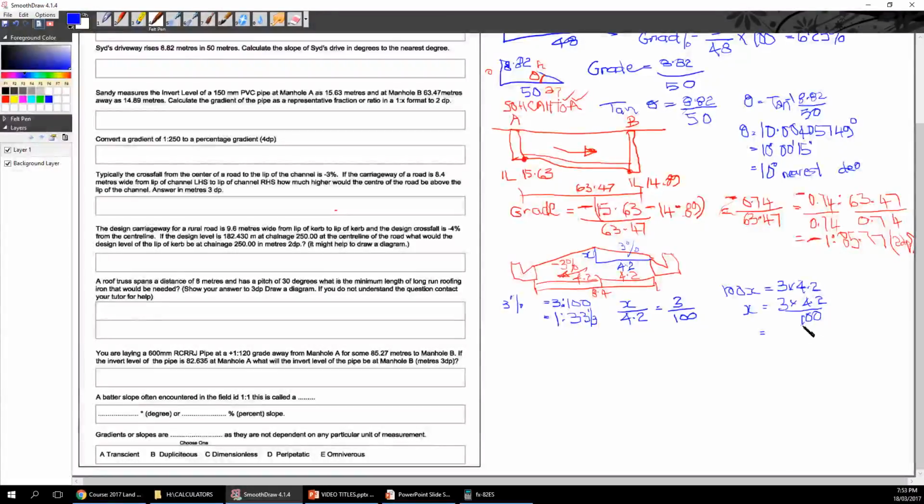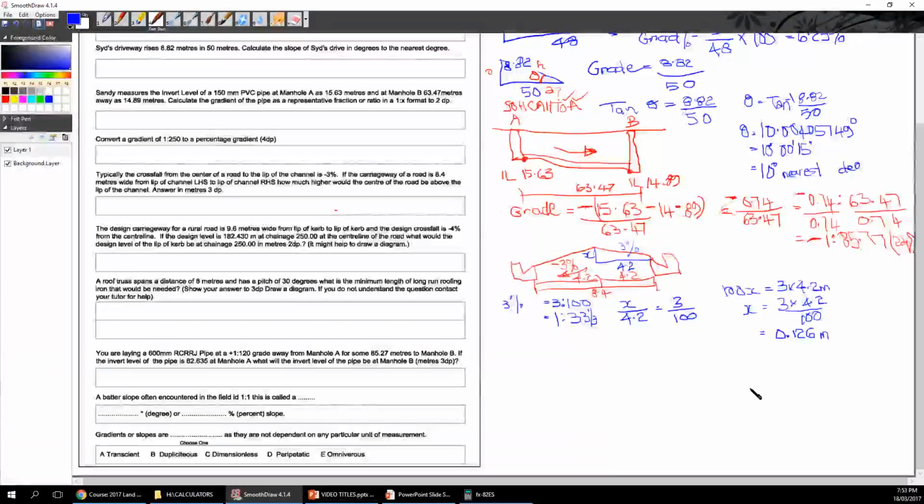Okay, equals 0.126 meters, because our units of 4.2 was in meters.